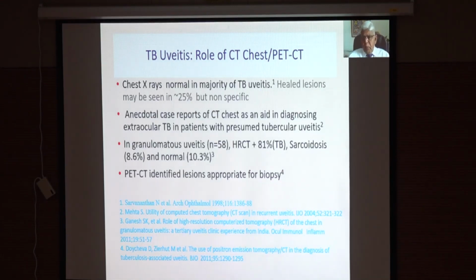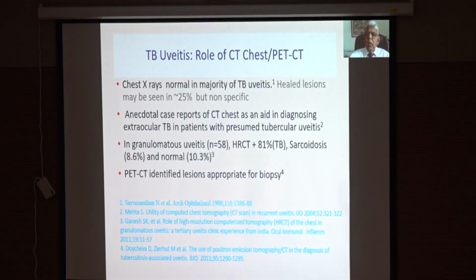uveitis. In particular, in one of the series from Chennai, when you are looking specifically at granulomatous uveitis, and I'm not going into the details of granulomatous uveitis, I'm sure you are aware, they found that HRCT showed positive findings in almost 80% of the patients who had tubercular uveitis, versus less than 10% for sarcoidosis.